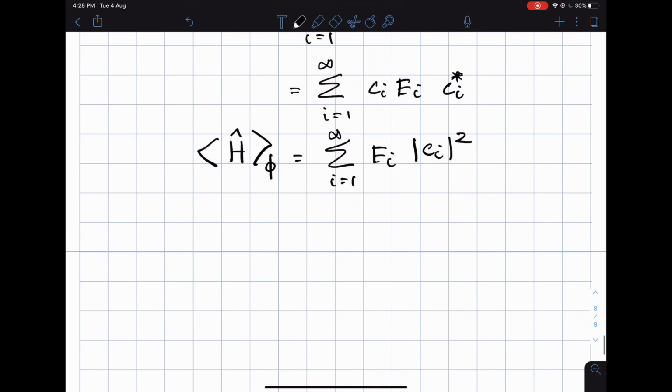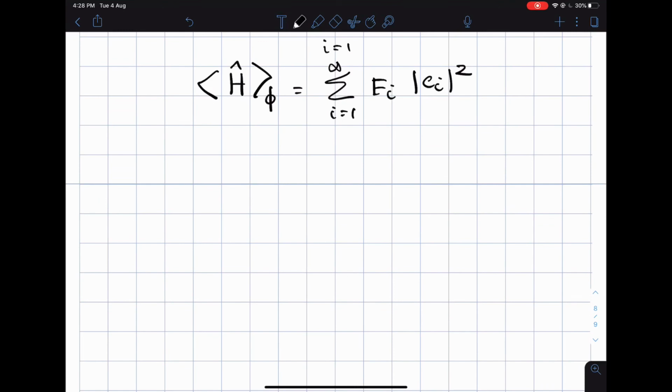Let me compare this to the definition of the expectation value. The definition of an expectation value of some random variable is given by the sum over all its possible values, which in this case are the eigenvalues, times the probability that that value would be obtained in an experiment.